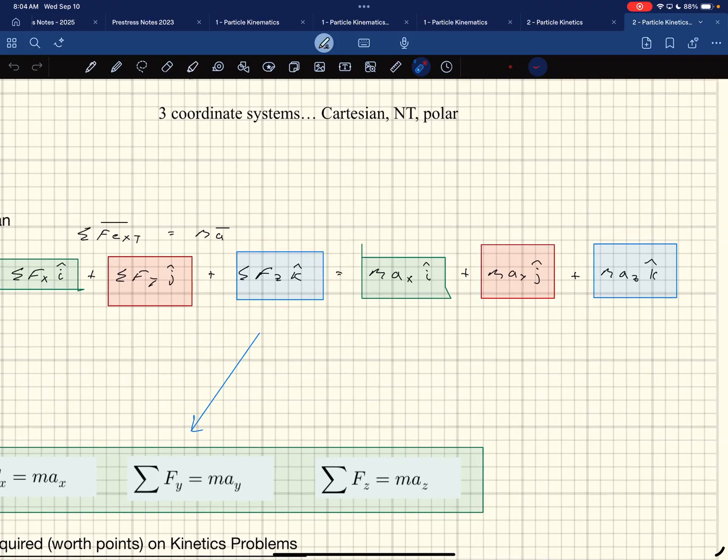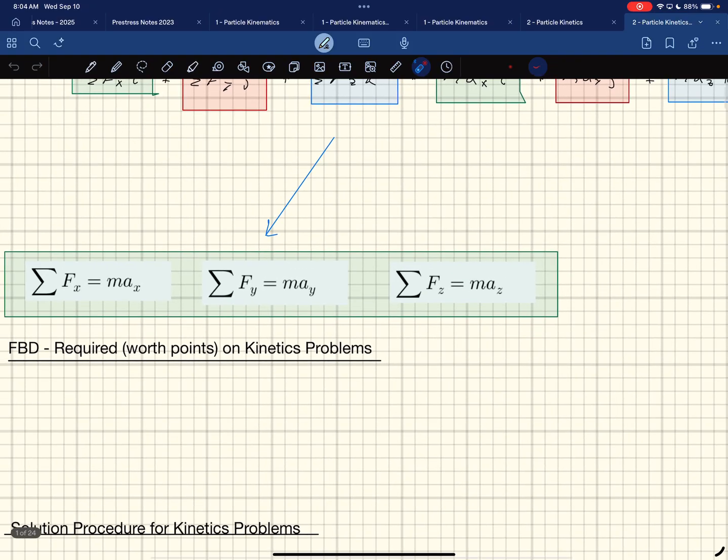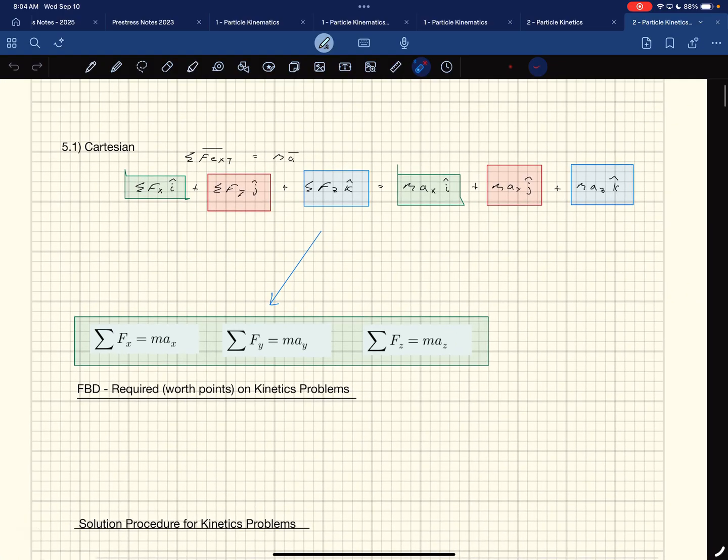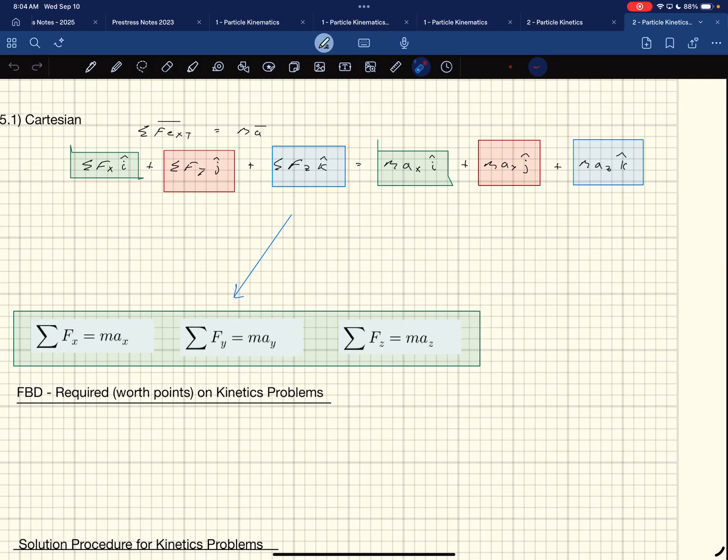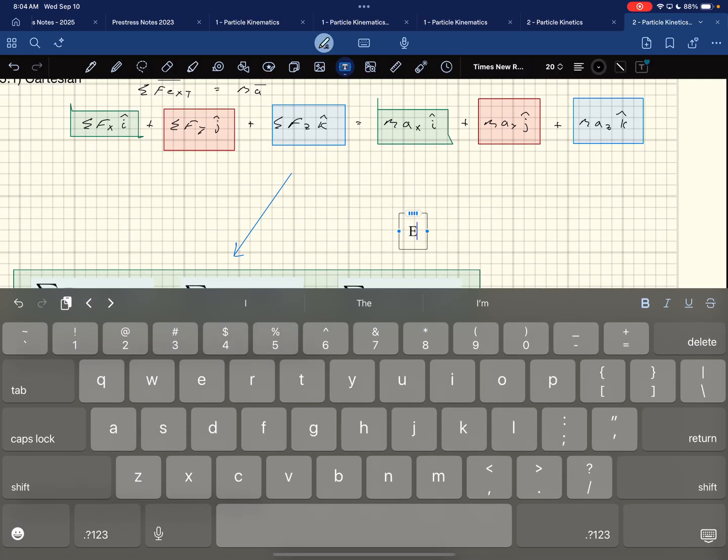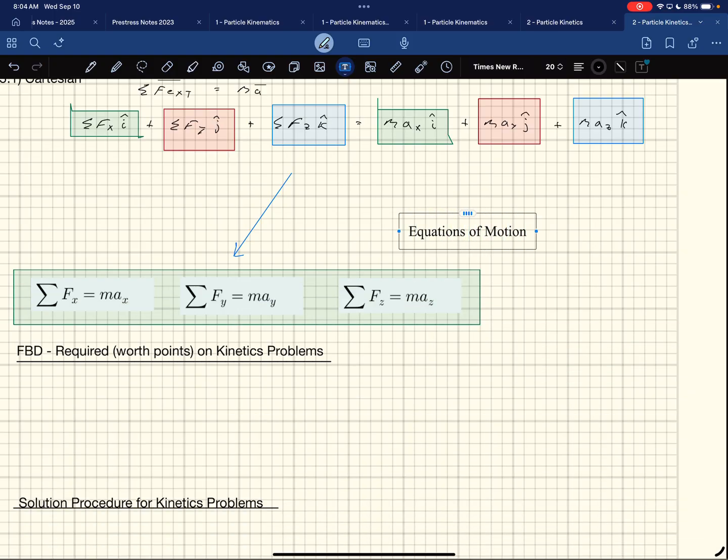These are our three equations, and these are called the equations of motion. In mechanics in general, if you stick with this and go on into some upper level stuff, you'll see equations of motion quite a bit.